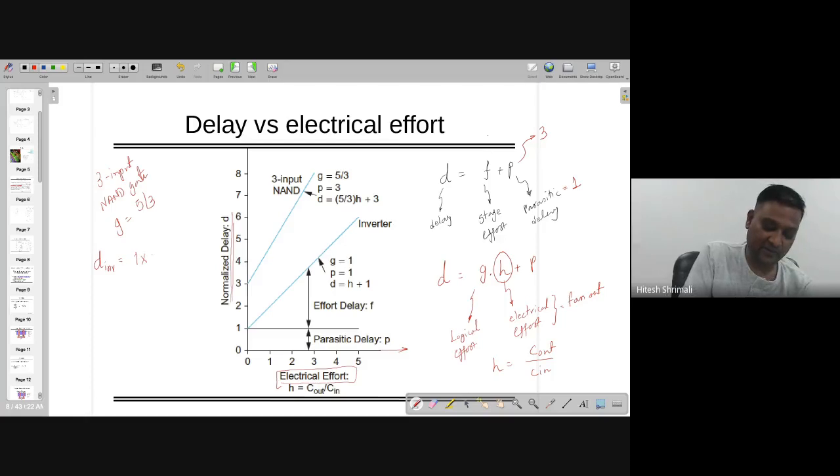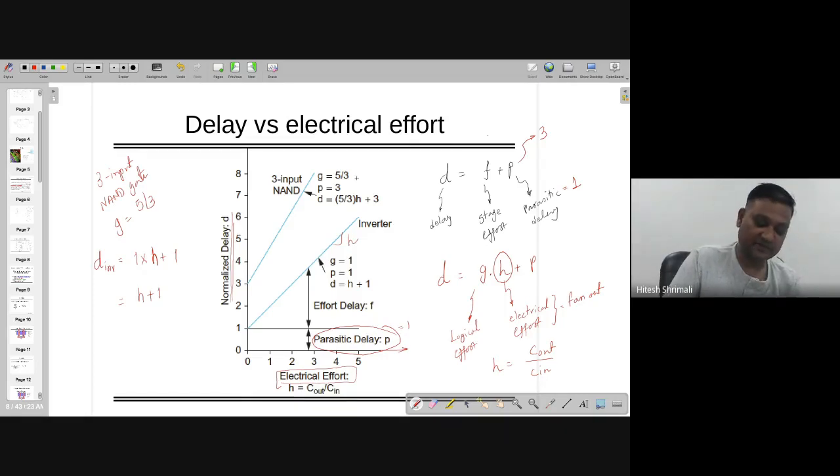So 1 multiplied by H plus 1, that's going to give me H plus 1. So with the offset of parasitic delay of 1, you can see that the inverter delay is actually rising with respect to H. So the slope is 1.